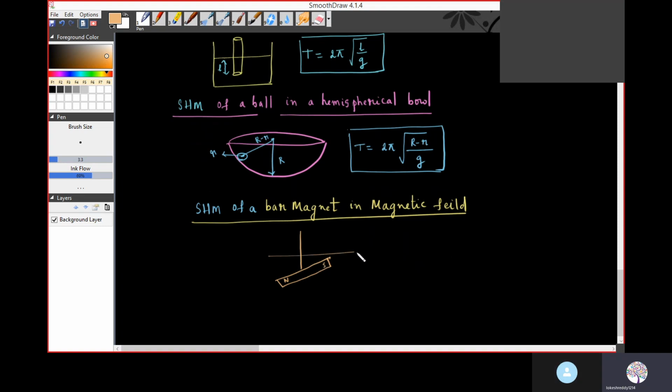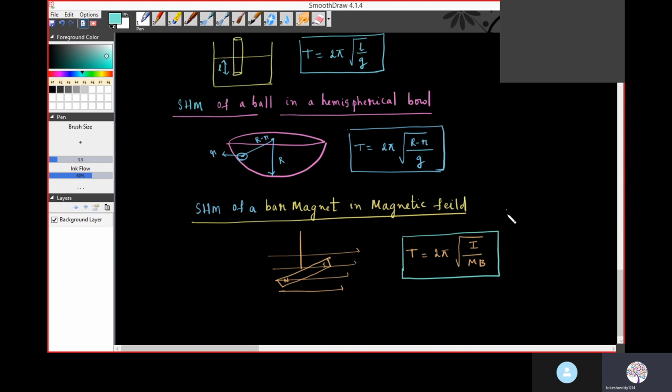When it is placed in a magnetic field, it is going to oscillate. The formula is T is equal to 2 pi root of I by MB.